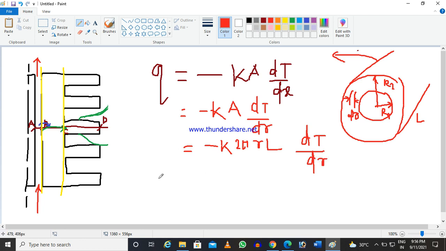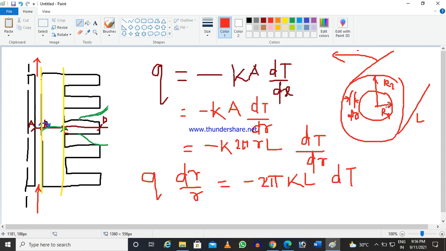Now if I rearrange the equation, Q into dr by R, taking the R down, is equal to minus 2 pi K L dT.